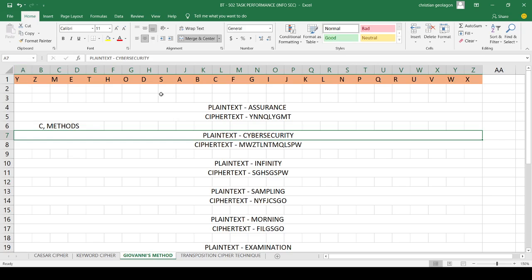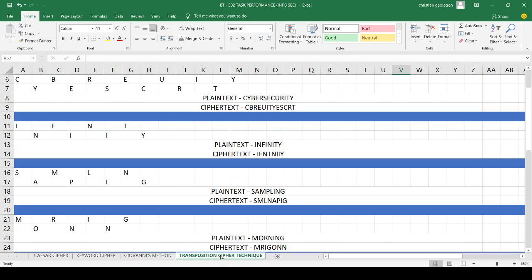So letter A is Y, S is N, S is N, U is Q, R is L, A is Y, N is G, C is M, and E is T. So the ciphertext is YNNQLYGMT. Next, we proceed to the transposition cipher, the last technique of cryptography.